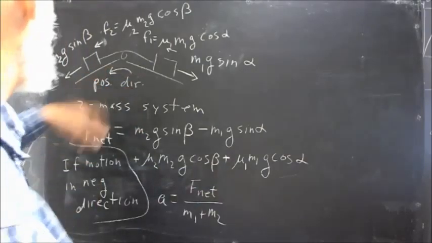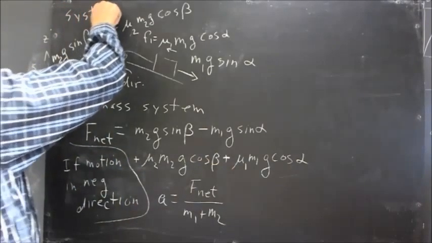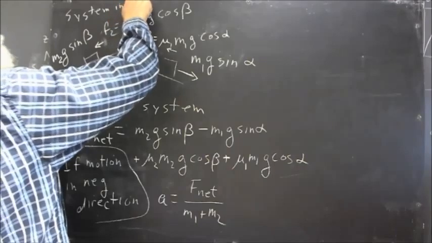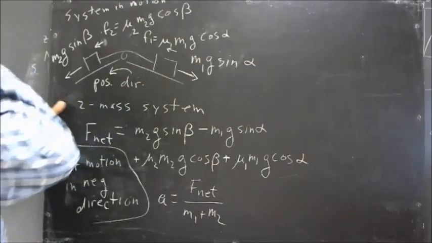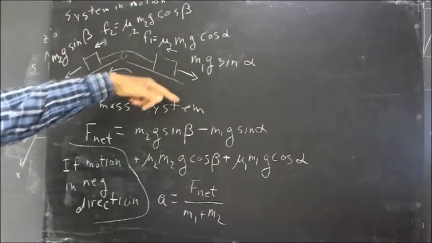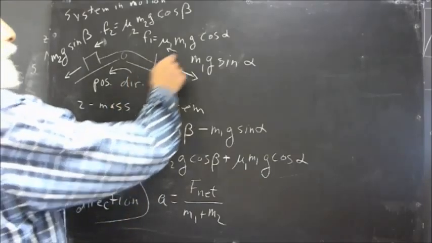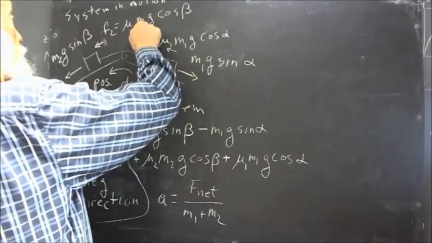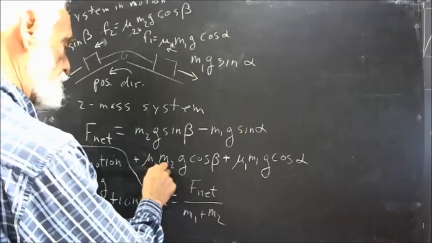So we're going to assume the system is in motion, and in the negative direction. So if there's motion in the negative direction, then we can put the k here, mu2k, mu1k, meaning coefficient of kinetic friction.